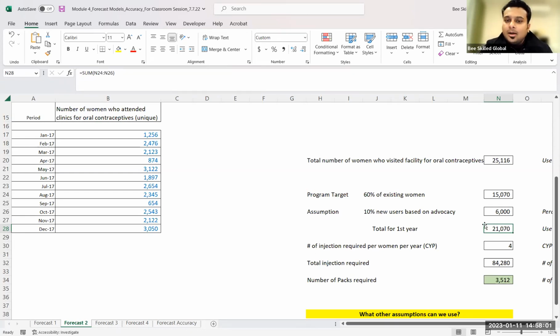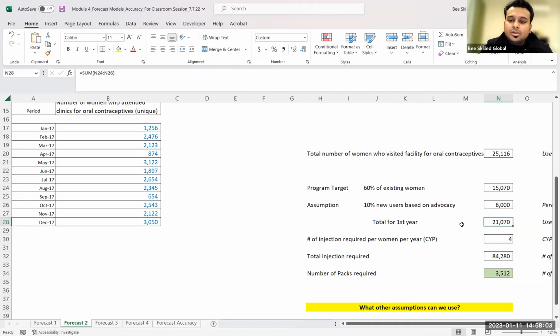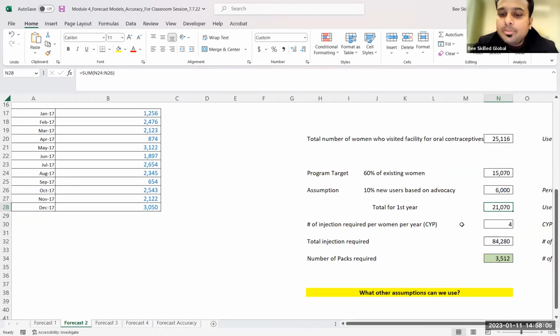Okay. Now, here we need to understand something called CYP, couple year of protection. And when I go back to the slide, I will explain a bit more. What this means is how much of the product is needed in 1 year to avoid pregnancy. Okay.